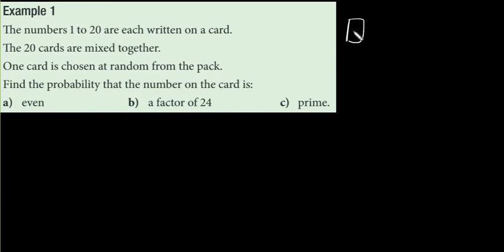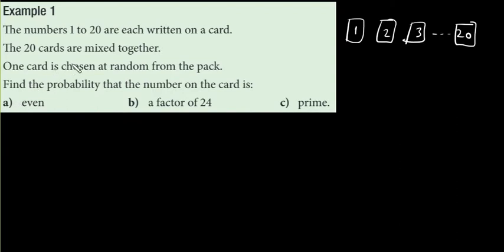So you can think of cards like 1, 2, 3, and 20. All these cards are put into a pack. Find the probability that the number on the card is A, even, B, a factor of 24, and C, a prime. Okay? So, let's start.